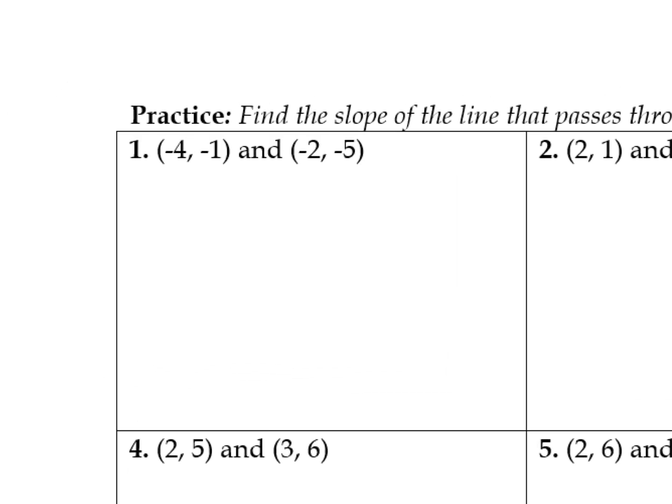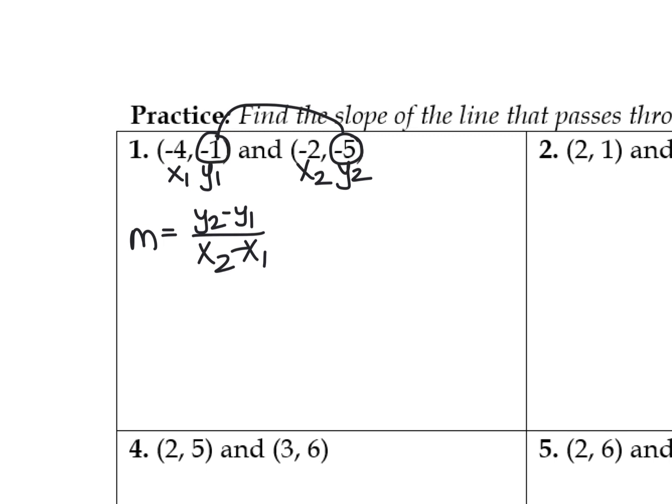So for example 1, I'm going to start off by labeling x1, y1, x2, y2. Now I'm going to plug in the points. y2 minus y1 over x2 minus x1. So I'm going to start with my y values. y2, I've got -5 minus -1.